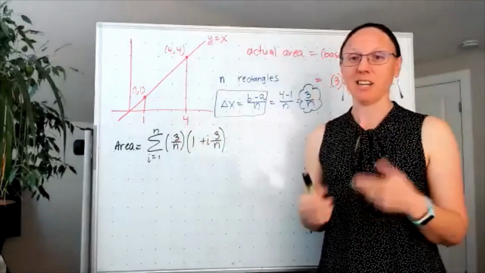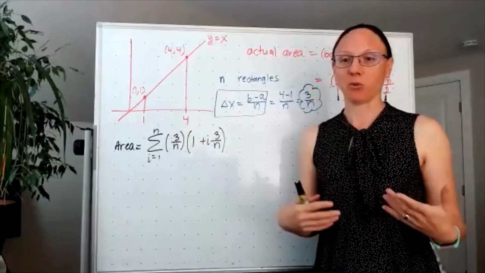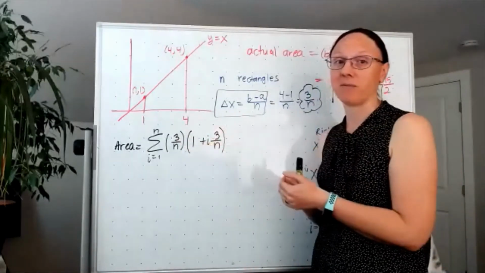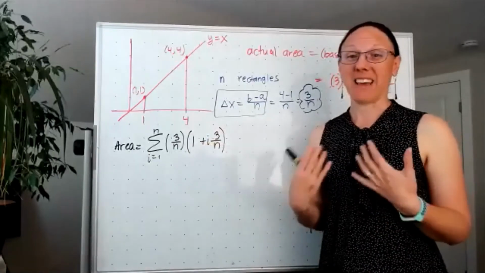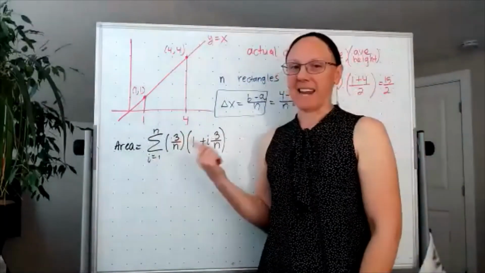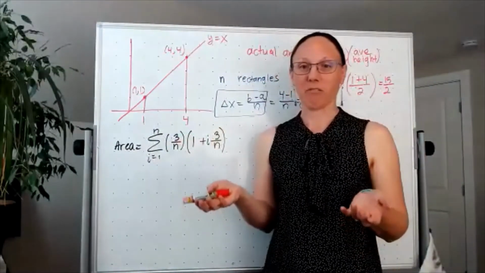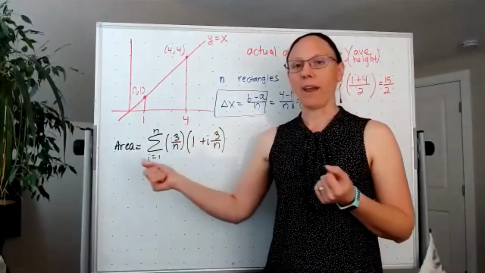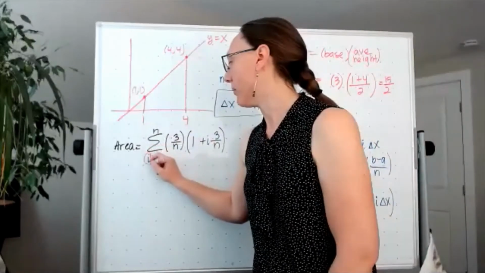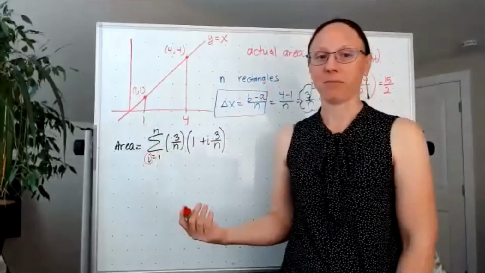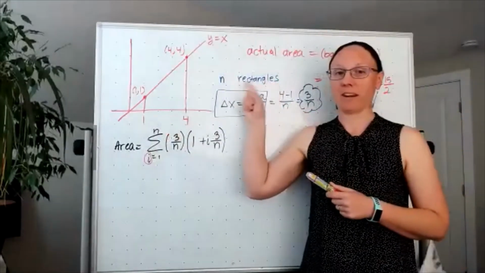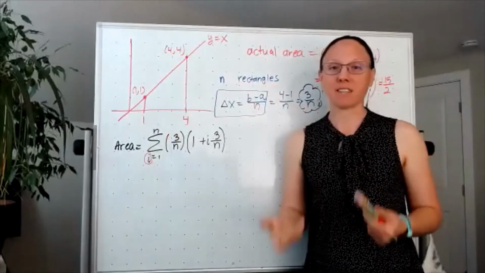Now's where life gets fun. The whole reason that we were talking about sigma notation and practicing with sigma notation is so that we can attack problems like this. The first thing, and something that I think is really confusing, is we've got i's and n's, but which one is really the variable? When we've got sigma notation, it's the letter down here on the bottom that is our variable. This n, I haven't told you how many rectangles it was, but it's a fixed number, right?